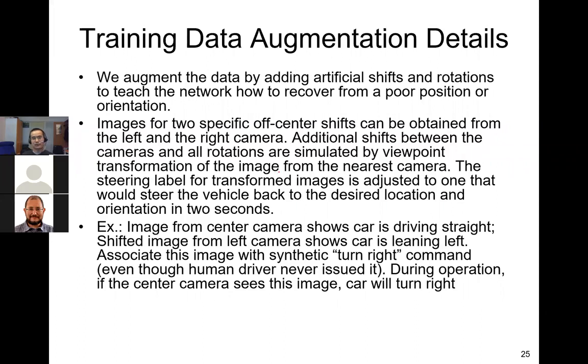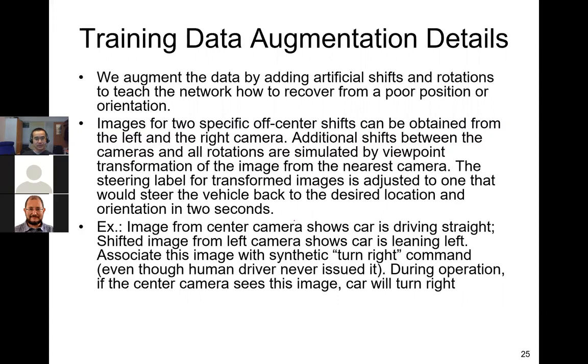So it's kind of a computer graphics transformation. The steering label for transformed images is adjusted to one that would steer the vehicle back to the desired location and orientation in 2 seconds.